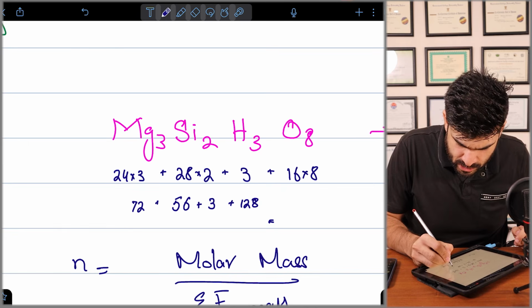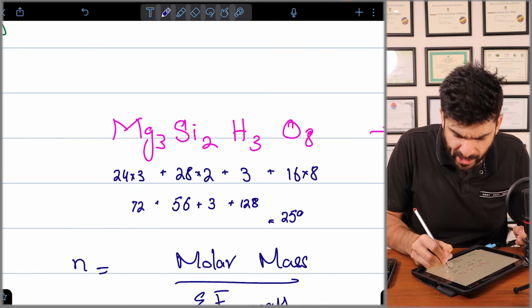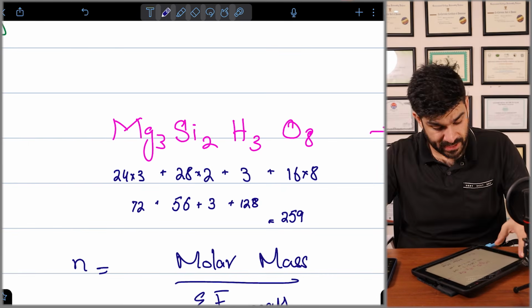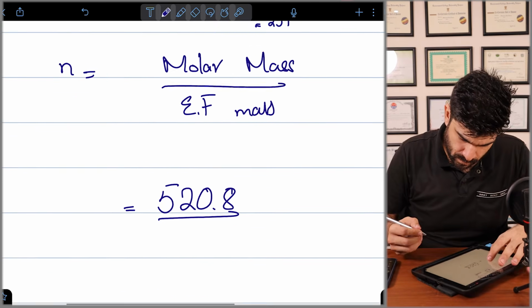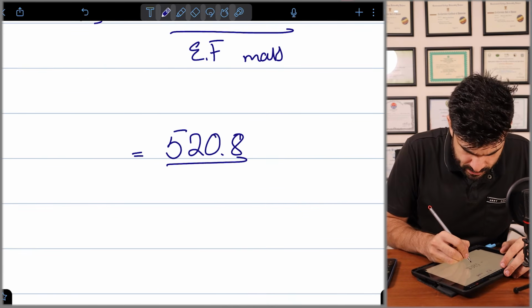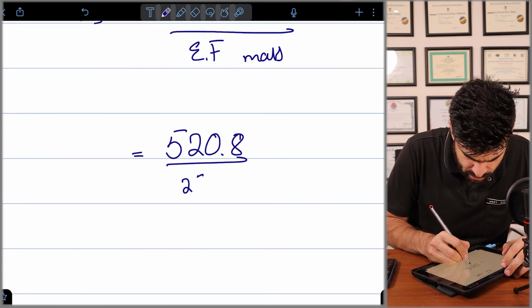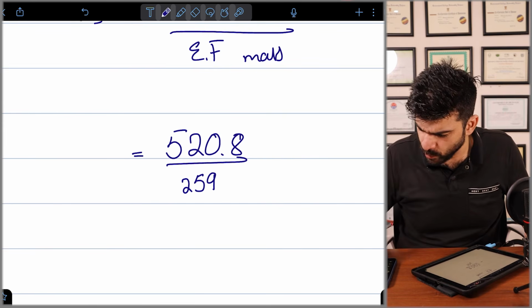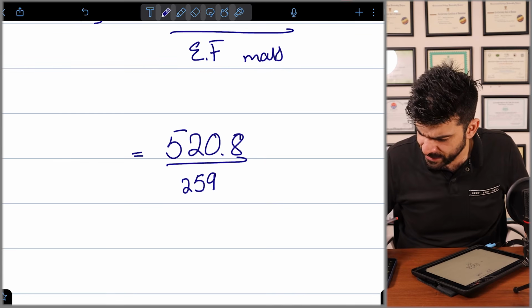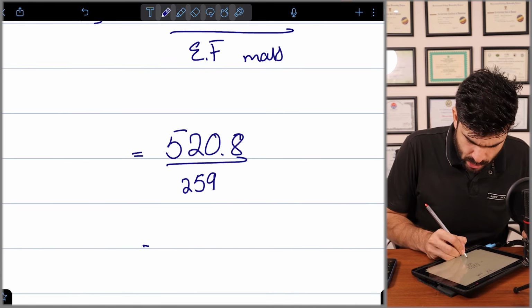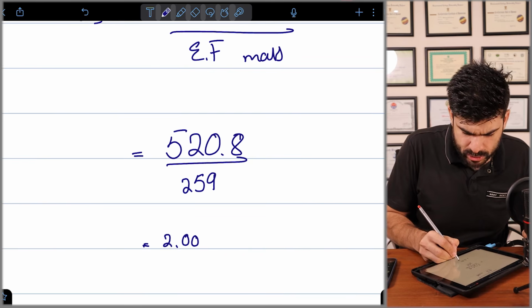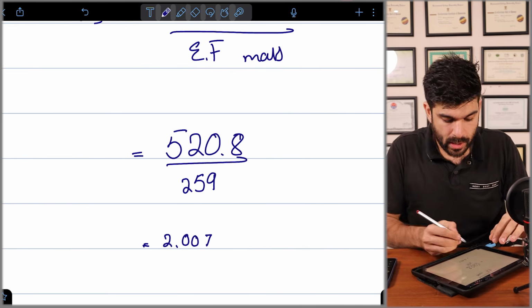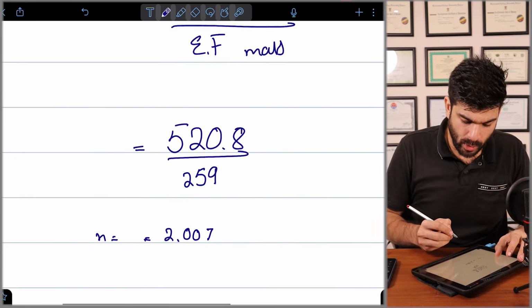The answer is 259. Let's see what happens. If I divide 520 by 259, which is almost 260, that would be 2.007. So obviously the value is 2. The n is 2.